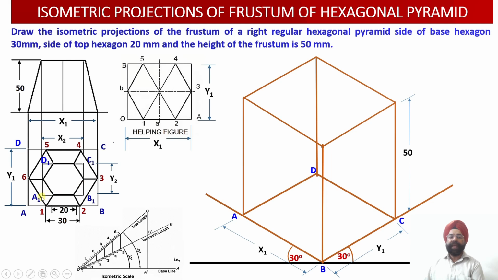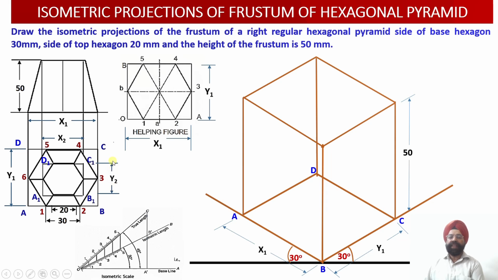So the top rectangle corresponds to the size A1 B1 and B1 C1. So A1 B1 we have marked as distance x2, and we can witness from this figure that the x1 dimension is bigger than the x2 dimension, and similarly the shorter edge of the smaller hexagon, that is y2.